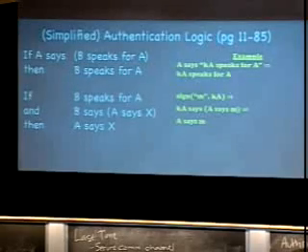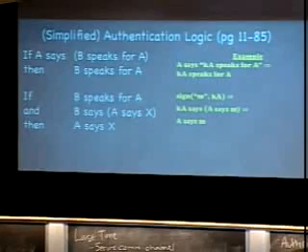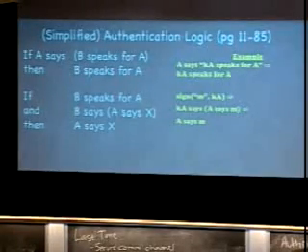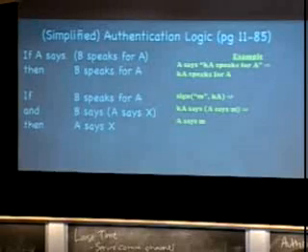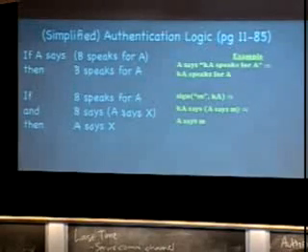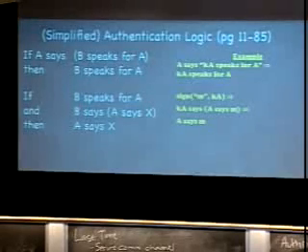KA says that A says M. And we might believe that KA says this because we believe that the sign primitive means that if we see something signed with KA's key, in fact that thing was generated by KA. Nobody else could have generated a signed message that worked with KA. Okay, so we can use this to, for example, receive a message from A that's been signed using KA, and we can in fact believe that A said something.